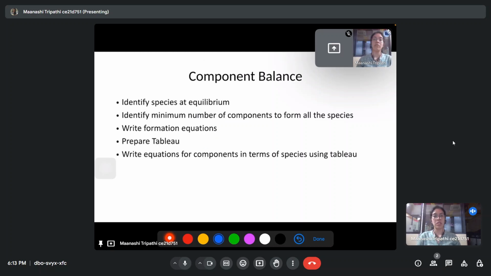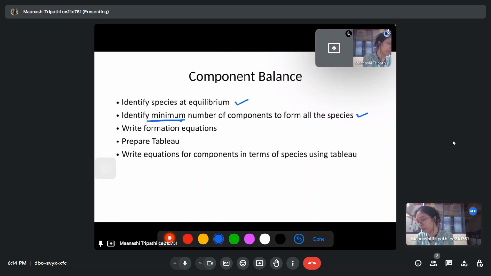There are a few steps that we need to do for this component balance analysis. First of all, we identify the species which are at equilibrium. After that, we identify the minimum number of components to form all of these species. The word minimum here is important. There are various sets of components which will make up all of the species, so we need to identify those components.